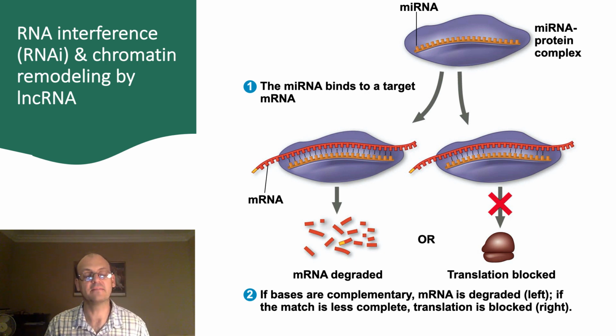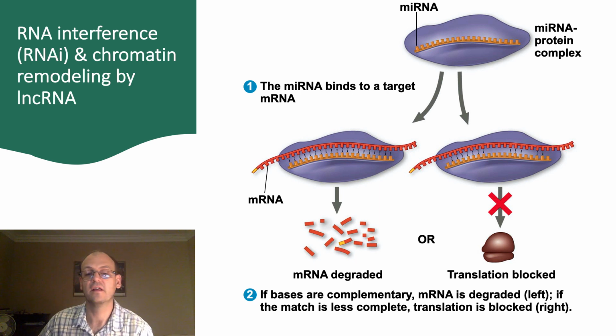When the RNA is bound to RISC, it's able to recognize complementary sequences of mRNA. Once a complementary sequence has been located, the RISC protein will cut the mRNA or otherwise prevent it from being translated into protein. In this way, RNA interference either degrades mRNA or prevents it from being translated, but in either case, it interferes with translation.